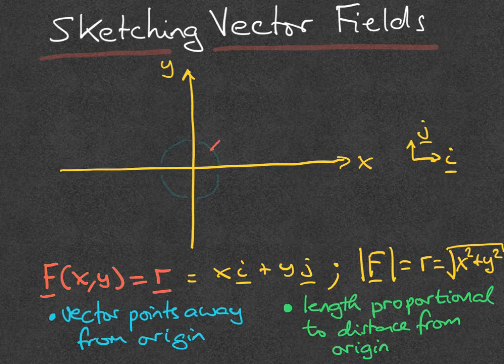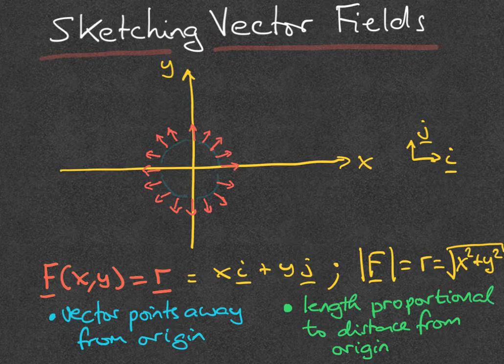So if I draw that one there with this length here, I should now try to draw all the other vectors on the circle as having the same length, but pointing in every case away from the origin. And your artistic talent, or lack of it in my case, is going to be the only limiting feature. So this is what would happen.